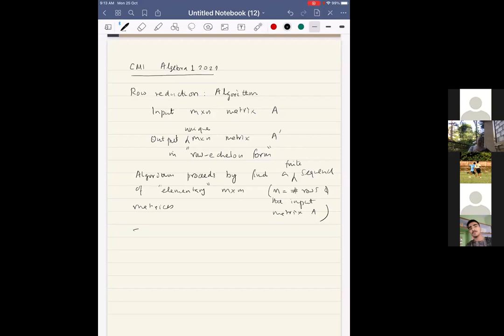So today we will do two things. One, revise the description of the three types of elementary matrices.